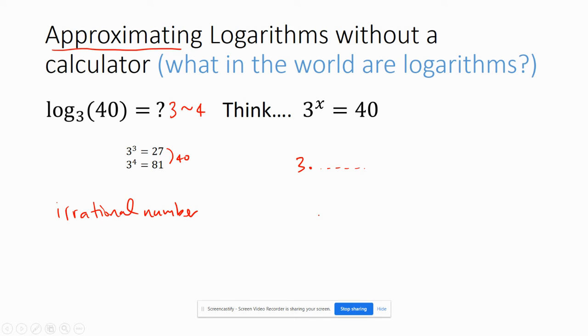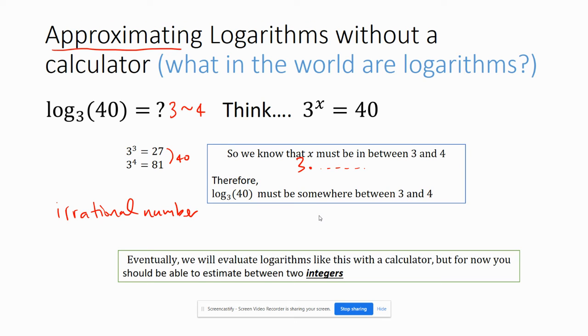And that's all I want you to do for this, is to say which 2 consecutive integers, meaning numbers that are right next to each other. I could have even said whole numbers because they're going to be positive in this case. So all I would expect you to say is log base 3 of 40 is approximately between 3 and 4. I know that for sure because of this.